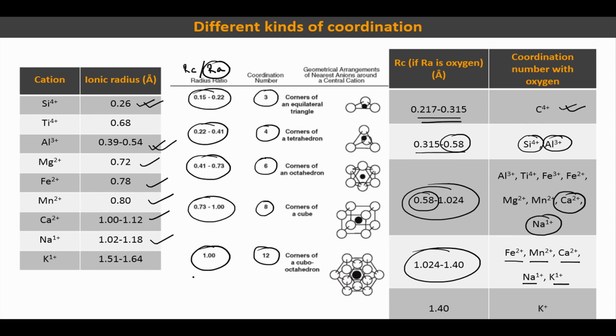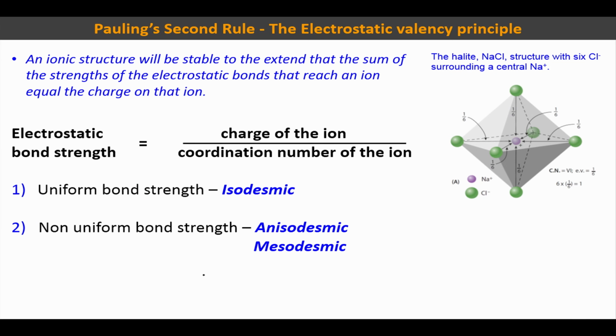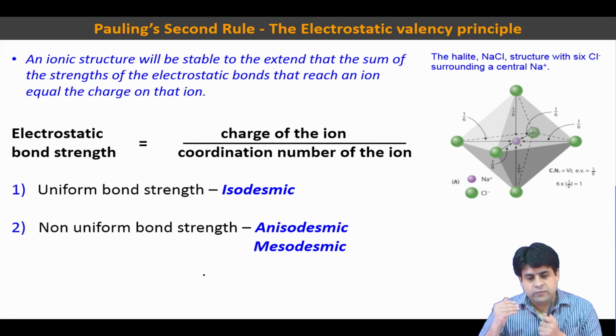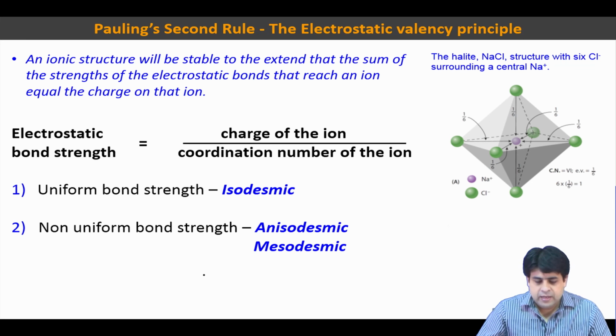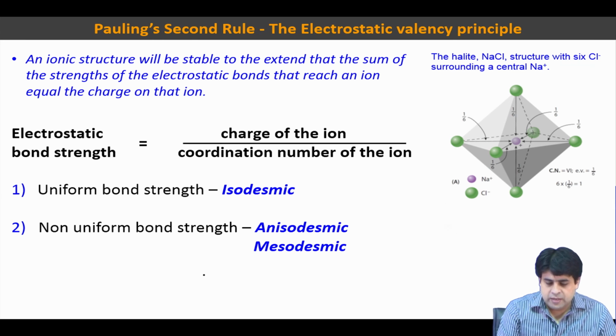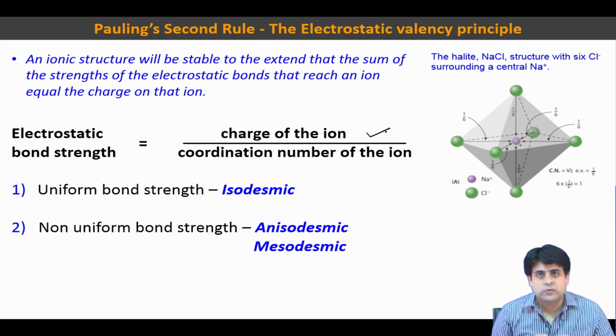So this is about Pauling's first rule, and then the second rule, which is basically your electrostatic valency principle, which defines the charge of your ion or cation divided by the coordination number of the cation.